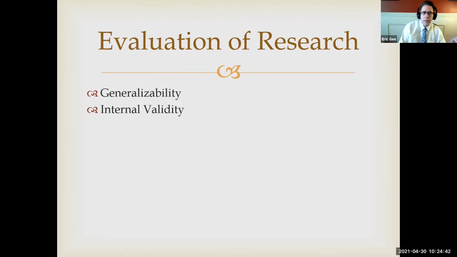Now, internal validity. What we mean by internal validity really is that the relationship that we have discovered really exists and there is no alternative explanation. For example, I concluded that there is a relationship between personality and seat preference. If that is an internally valid statement, what that means is that there is no other explanation that would account for that relationship.